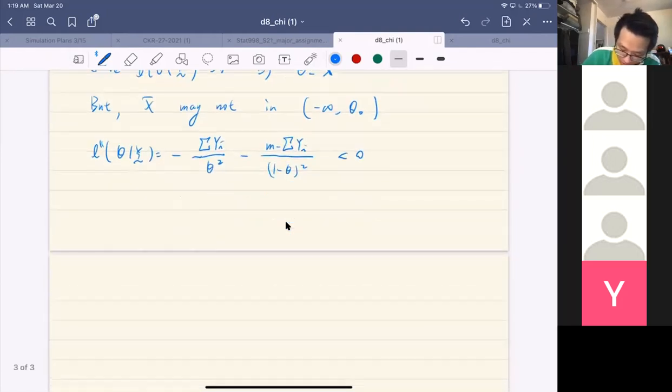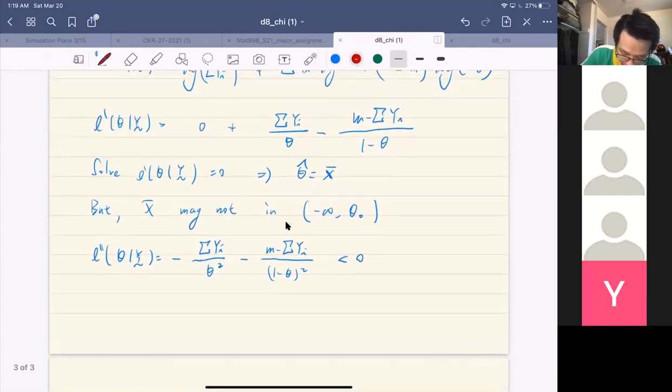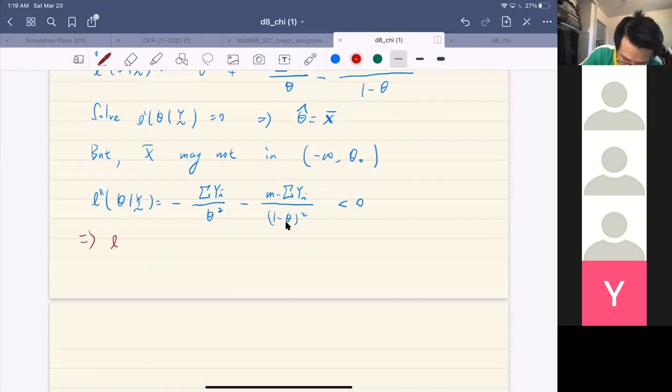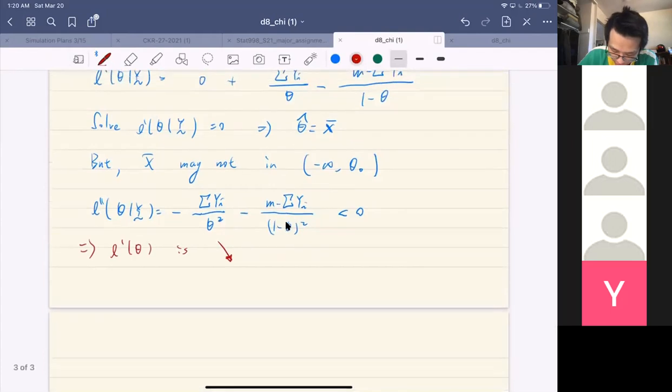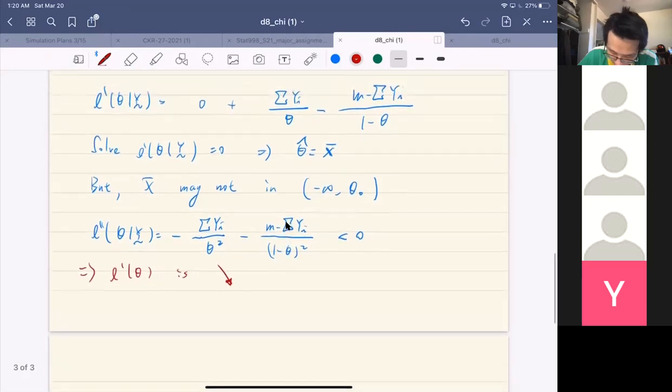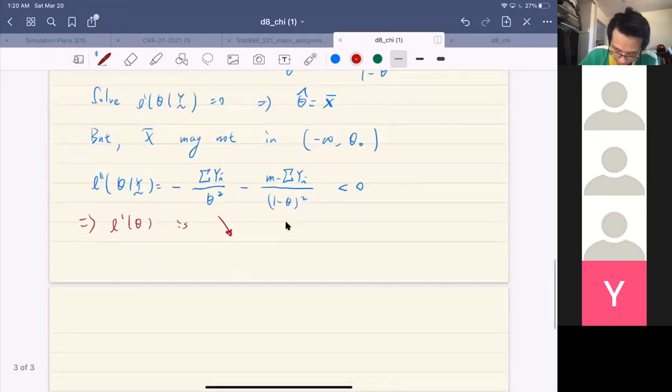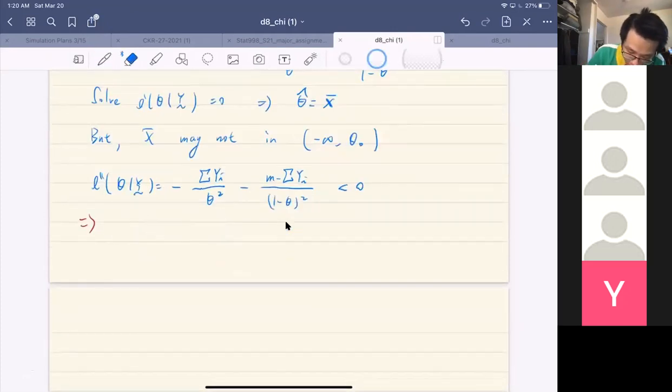That means the first derivative is decreasing, so the function is concave.